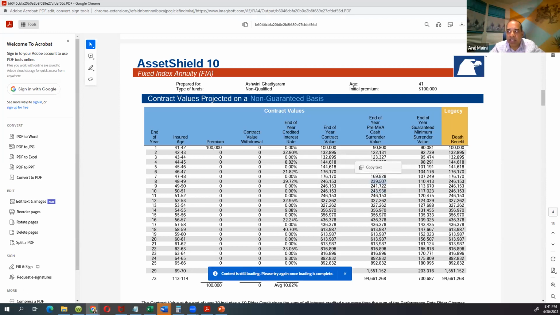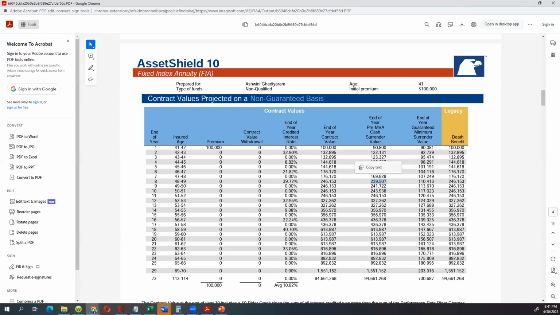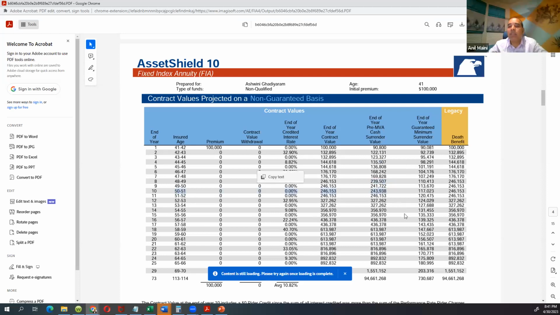So this is better than a CD. He doesn't have to break any CD, and his remaining money will keep on growing. In his CDs, his money will double in maybe 25 years. Here, his money will become 2.5 times in 10 years. So this is a very suitable scenario for that person.